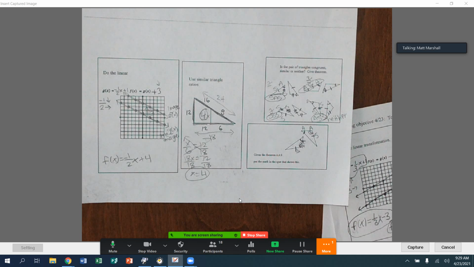Do you know that symbol I need you to write? Good job, Aiden. What about the other ones in that box? Good job. Good job. Good job, Aiden. Proud of you. Good job. All right. Anybody else?